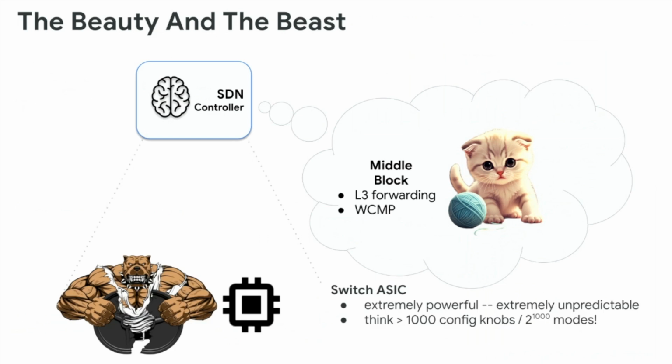But if you contrast that to what you get from a typical network ASIC, that is this extremely powerful machine, an amazing machine, but there are some downsides to that power, right? So it has this ginormous space of possible configuration knobs, and that makes it somewhat unpredictable because no one has explored this entire space of configuration knobs, right?